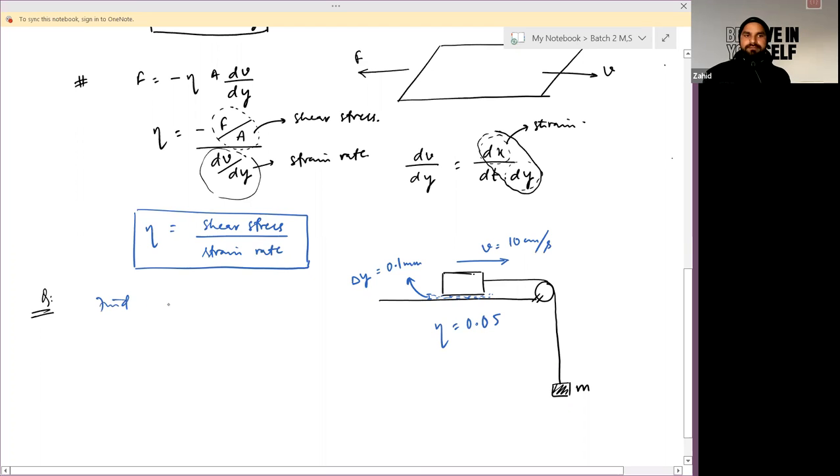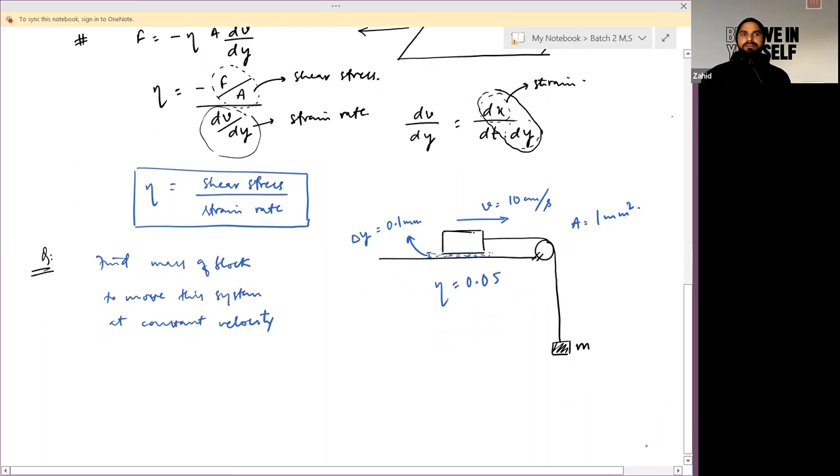Find the mass of the block to move this system at constant velocity. Let's say the area of the liquid film is 1 mm square. Just use the above formula and try to find.